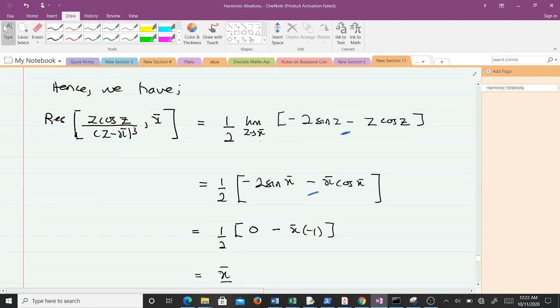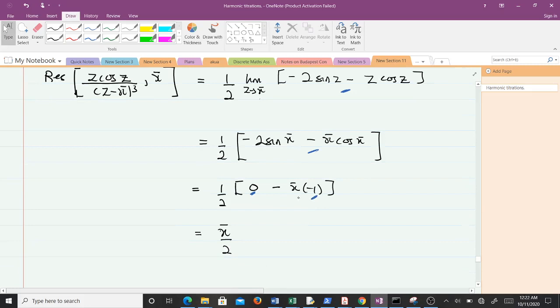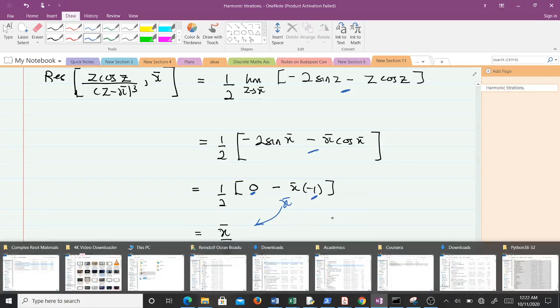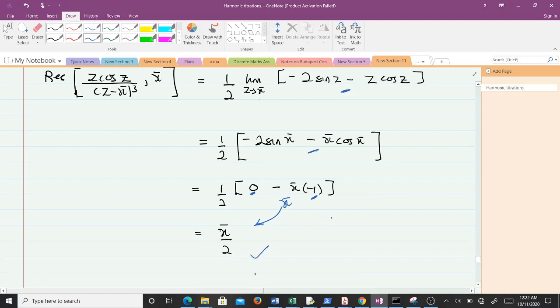So when you evaluate 2 sine pi, you're going to get 0. Then cos pi will give us -1. So when we simplify it, we are going to get plus pi, right? So whatever we have here will give us pi. And when you multiply it through, you're going to get pi on 2. Okay, so this happens to be the answer for that particular question.